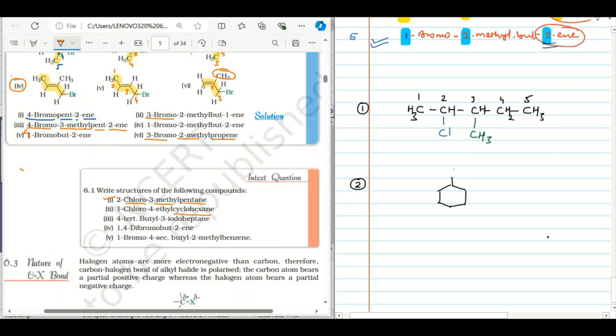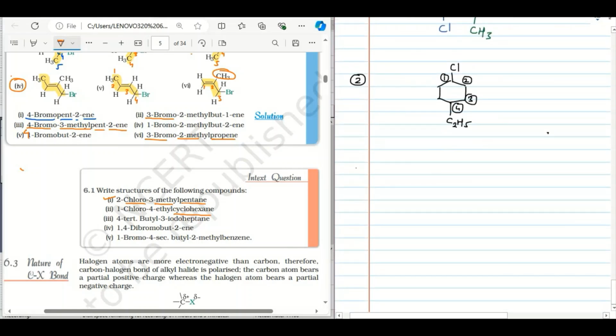So if I write chlorine at this position, so this will be 1st, 2nd, 3rd, and this is 4th position. So at 4th position, ethyl substituent is there, means it is C2H5. So this is the structure of 1-chloro-4-ethyl cyclohexane.